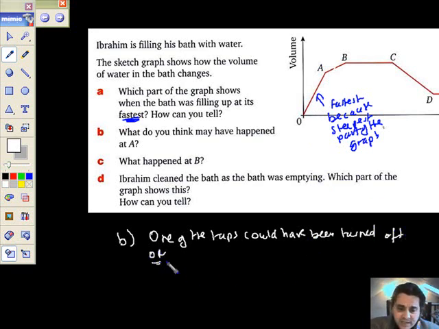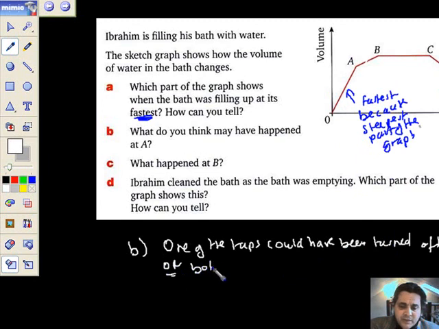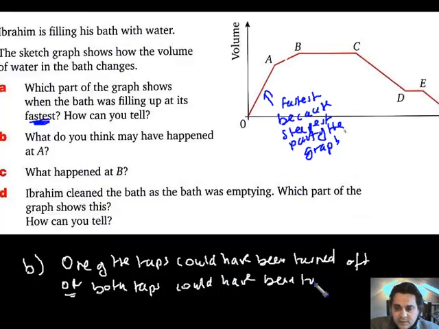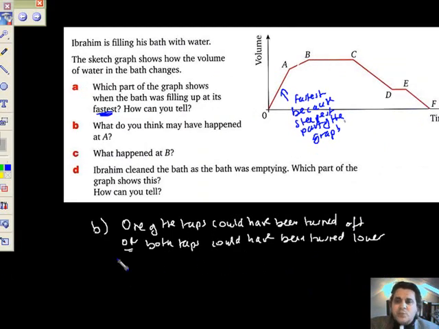Or, here's a second answer, both taps could have been turned lower. In other words, the water wasn't coming out so fast.